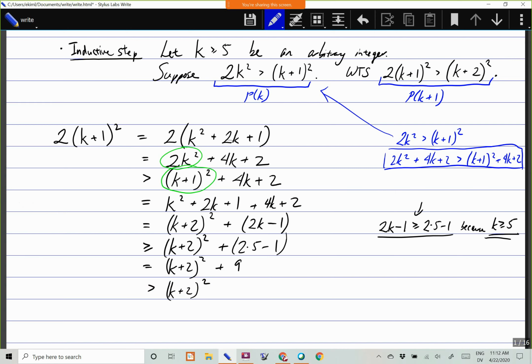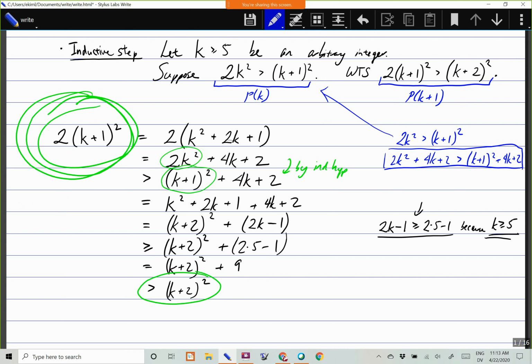But in the end, we started with this expression and applied the inductive hypothesis here, and eventually ended up with this number being bigger than or equal to, and we keep having these inequality signs all pointing the direction needed to show that 2 times quantity k plus 1 squared is bigger than k plus 2 quantity squared, which is what we wanted to show up there. And so that actually ends our proof by induction.